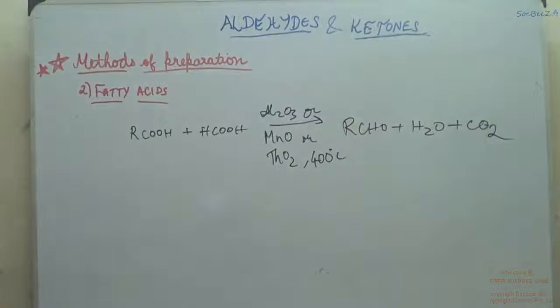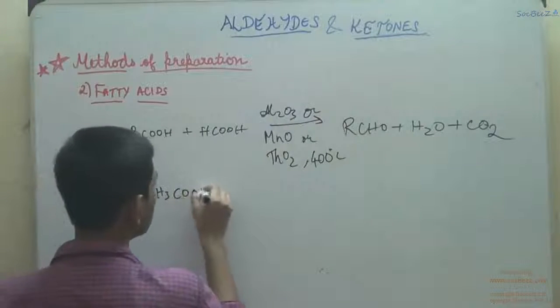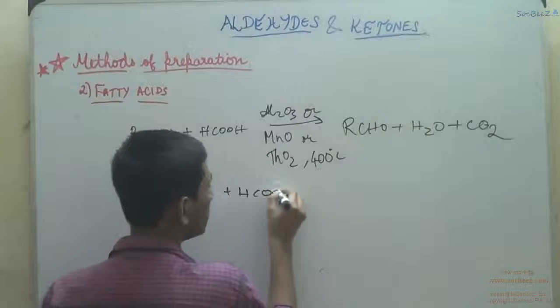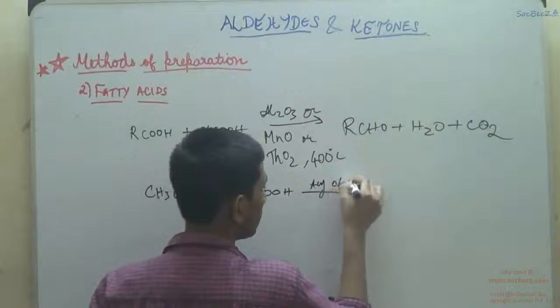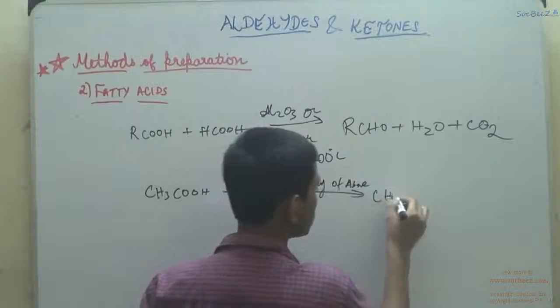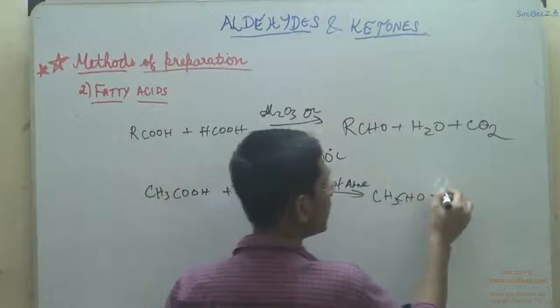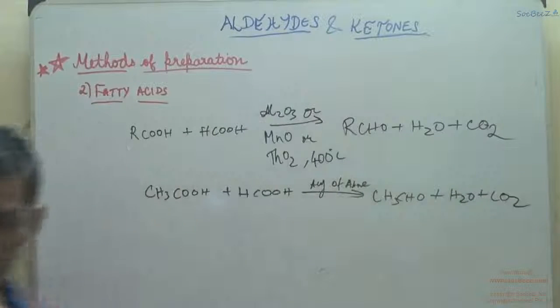Okay, let's take an example. If I use acetic acid with formic acid in the presence of any of the above reagents, I'll get acetaldehyde plus water plus carbon dioxide, right?